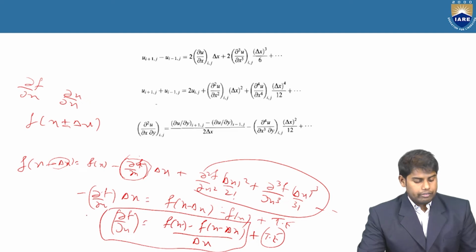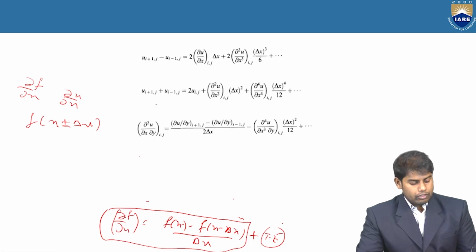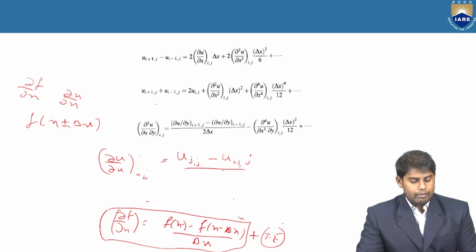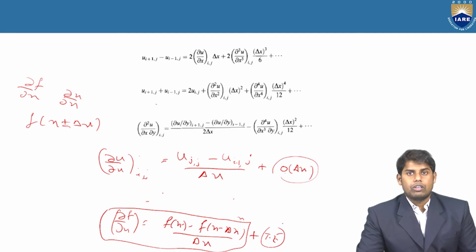We can write this as dou u by dou x at point I comma j, the backward difference, equal to u of I comma j minus u of I minus 1 comma j divided by delta x, plus order of delta x. O of delta x is nothing but the order of accuracy, which is first order accurate.